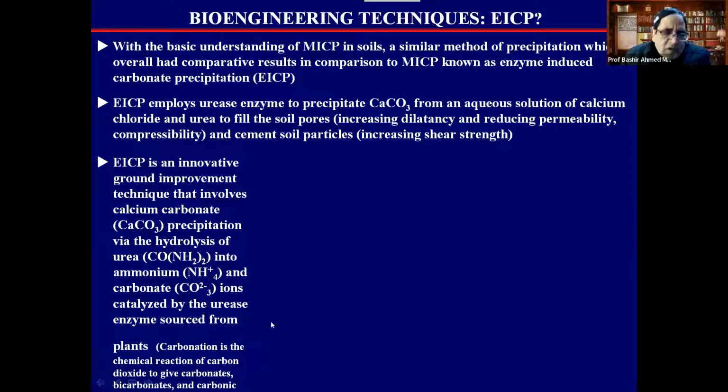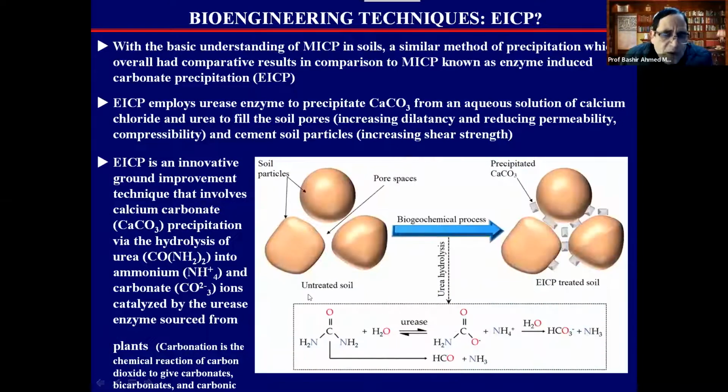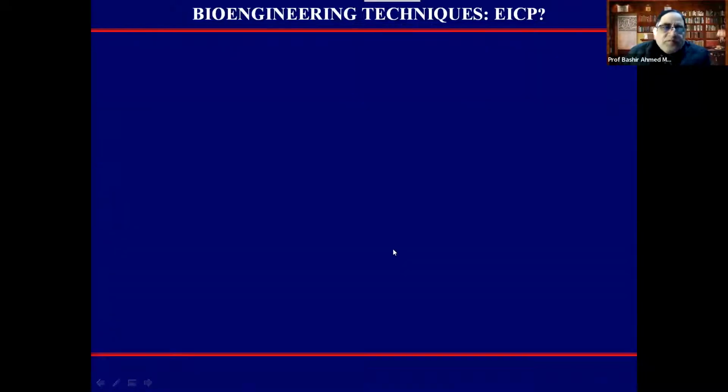Actually, carbonation is the chemical process of carbon dioxide giving carbonates and bicarbonates. This is the process. You have soil, and because of the biochemical process, the precipitation goes in between the soil particles and binds them together. Hence, the chemical equation is given below. Because of hydrolysis, we have a treated soil sample by means of the EICP technique.